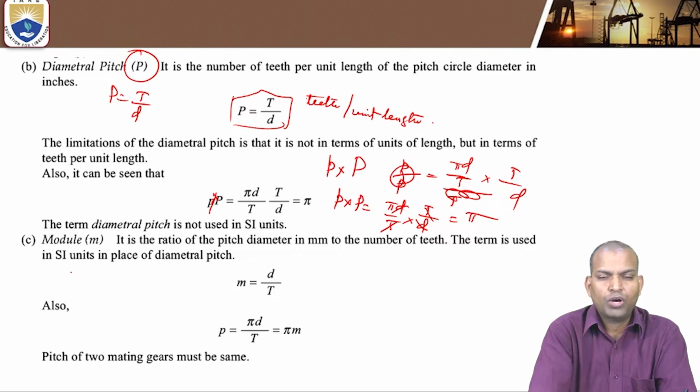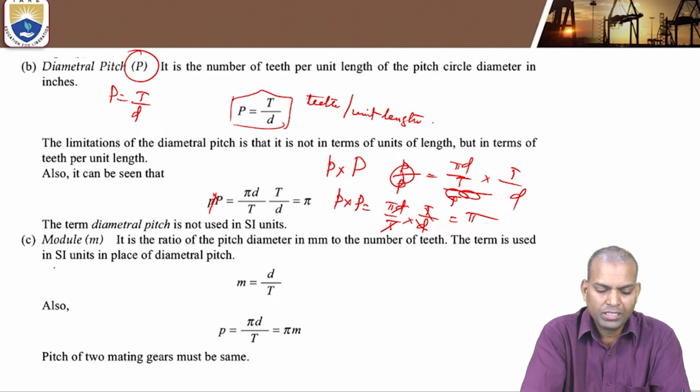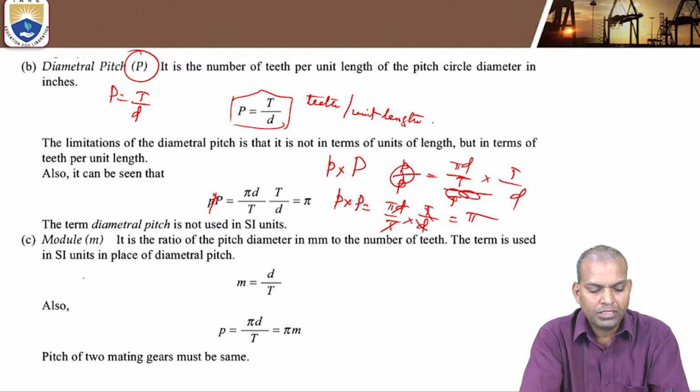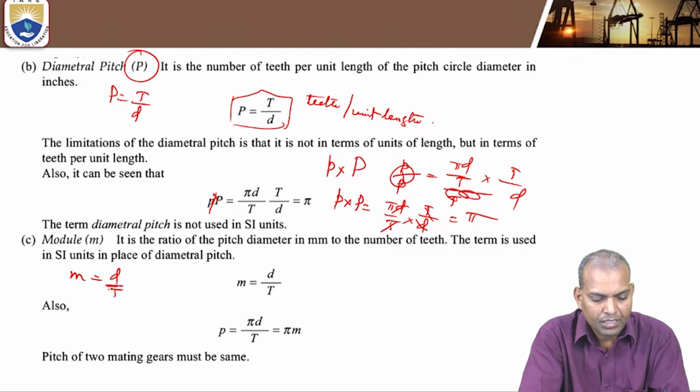Now module M, what is the definition of module? M equal to D by T. The pitch circle diameter per tooth is known as module, and we know that circular pitch p equal to pi d by t. Now d by t equal to m.